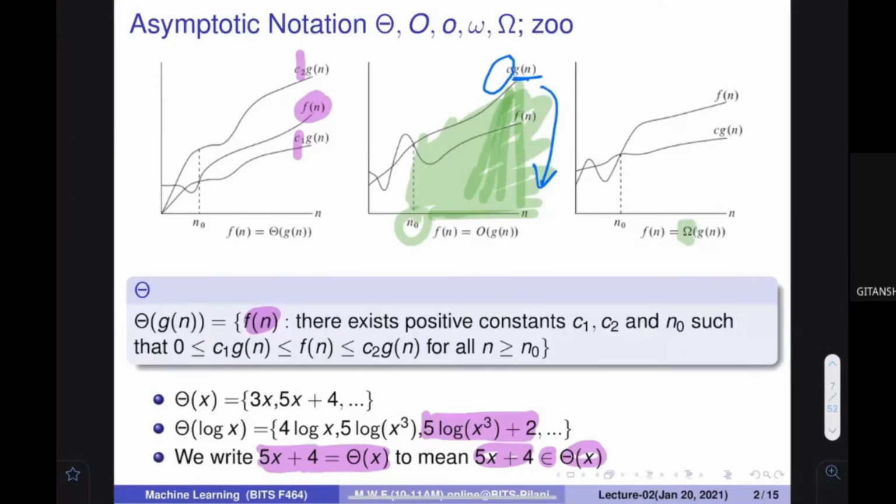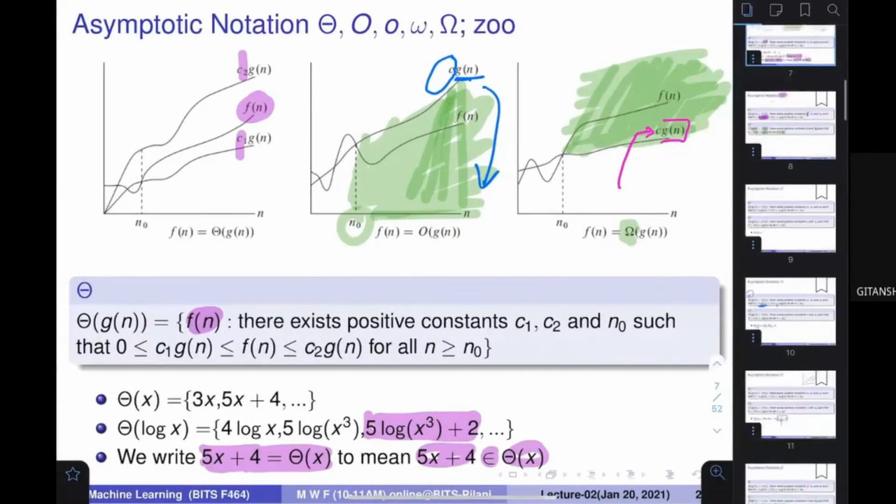What it says is that if I multiply the known function gn with this c and the function fn is actually greater than that, this fn is above. So the set that contains those functions which are greater than the known function is called omega. Make sense? Okay.